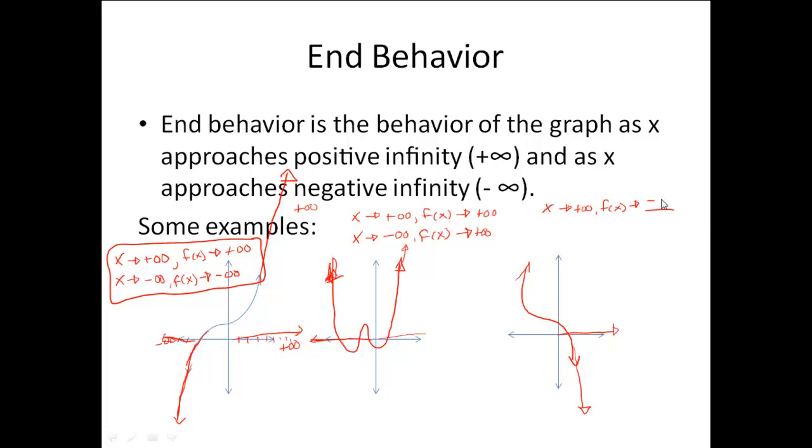So I would put negative infinity. And then as x approaches negative infinity, f of x approaches. Well, as I go to the left on my x-axis, my graph is going upward, so my graph approaches positive infinity. So that's kind of an idea behind what end behavior is.